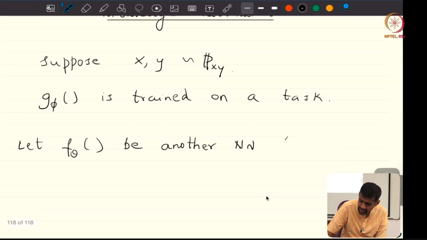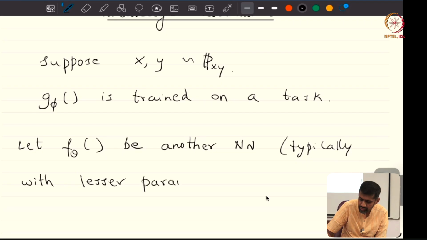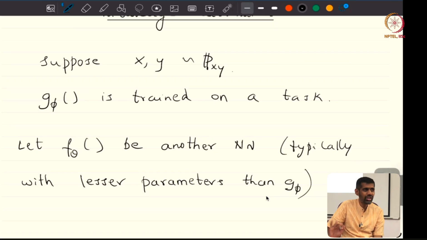typically with lesser parameters than G phi. This is a typical case, but the theory does not stop you from using another neural network with an arbitrary number of parameters.